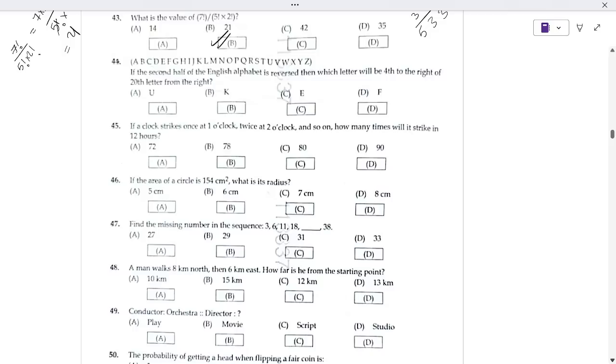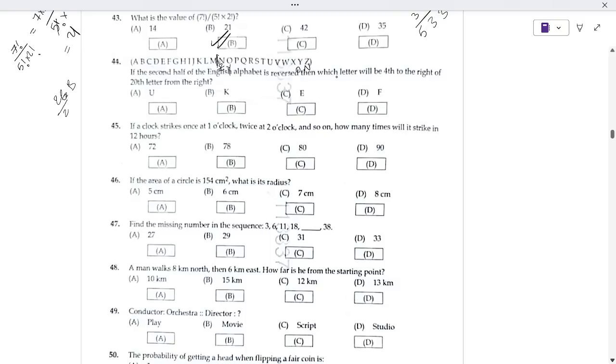Let's check. A B C D E F G H I, up to N will be 13, no, because there are 26 alphabets, half means 13. So the second half of the English alphabet is reversed. So N till Z reversed, here Z will come, right? Likewise N will come here, O will come here, on reversing.